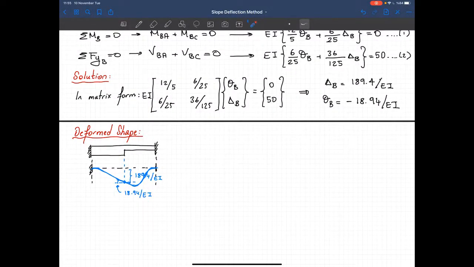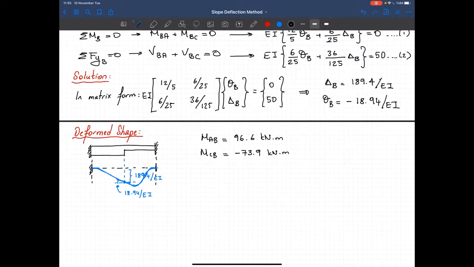When you do that, you obtain MAB equal to 96.6 kilonewton meters and MCB equal to minus 73.9 kilonewton meters. I didn't calculate the moments at the middle, but you can do it if you want.